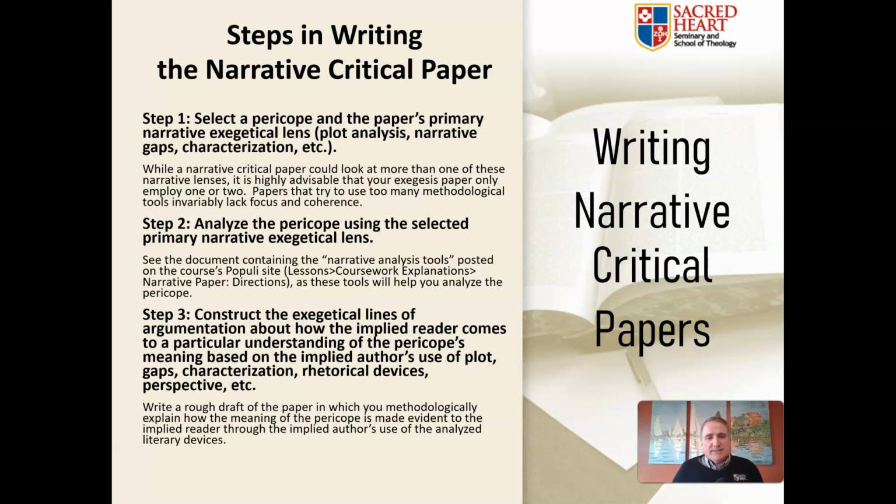So try to decide 1 or 2 main lenses, like narrative gaps. Maybe you can do characterization and you're also going to use narrative gaps, something like that. But don't go to all 3 of these. It's just too many. And I'd pick 1 ideally. But rhetorical devices might slip in there, just based upon the text you're dealing with. But try to keep it pretty much focused on 1 lens and no more than 2.